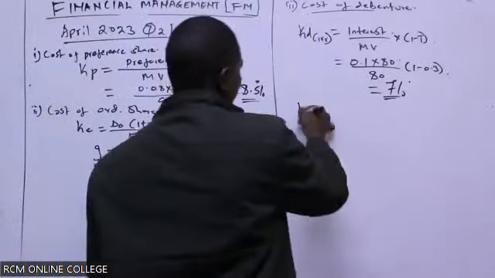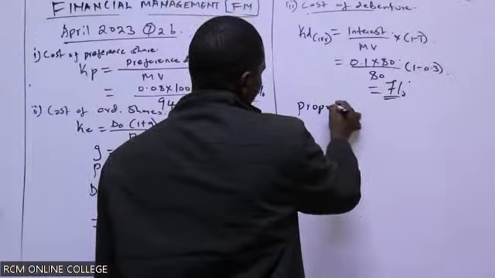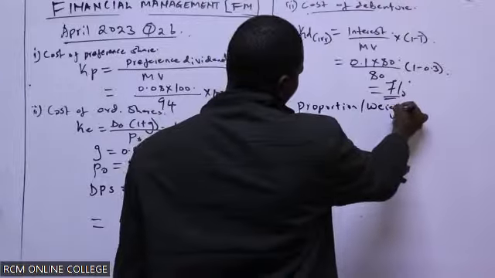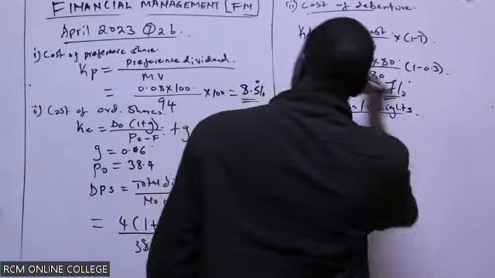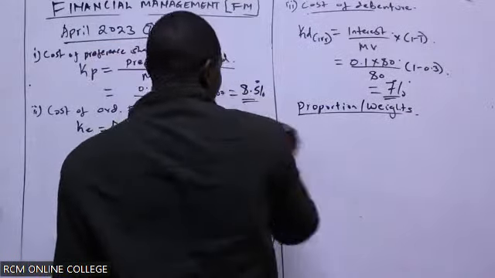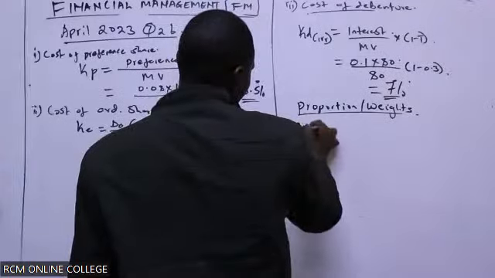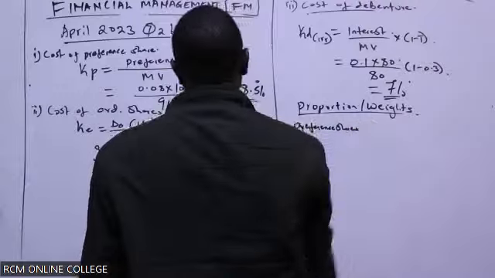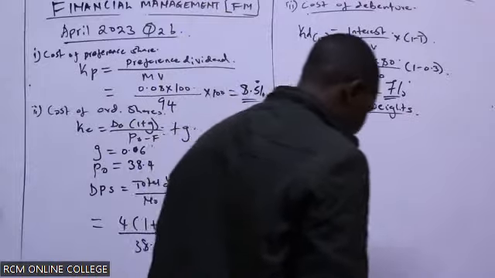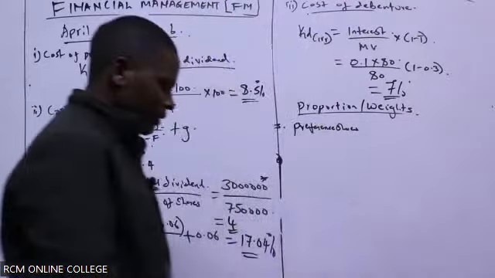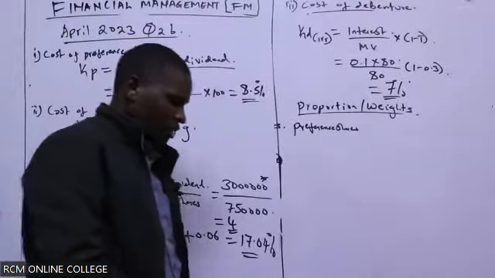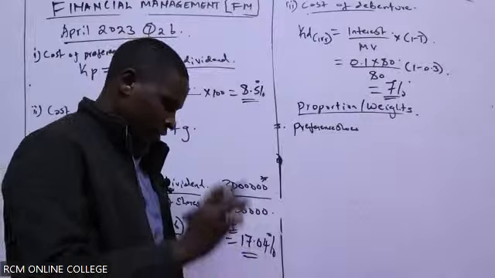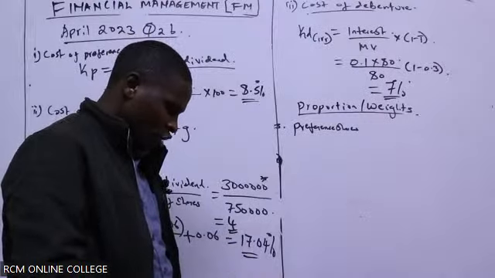So let's get the proportions, the weights. We can start with the one we have up here, cost of preference share. What is the value of the preference share? I can see that the par was how much?